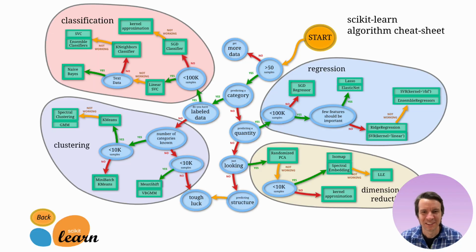So here's a cheat sheet for machine learning, right? So you start, you look if you have samples. If you have not enough samples, you should get more data, or things you are doing will be too unreliable. Then you look if you are predicting a category. Either you are predicting a category, cat or dog, or you are predicting a number, predicting a quantity, right?